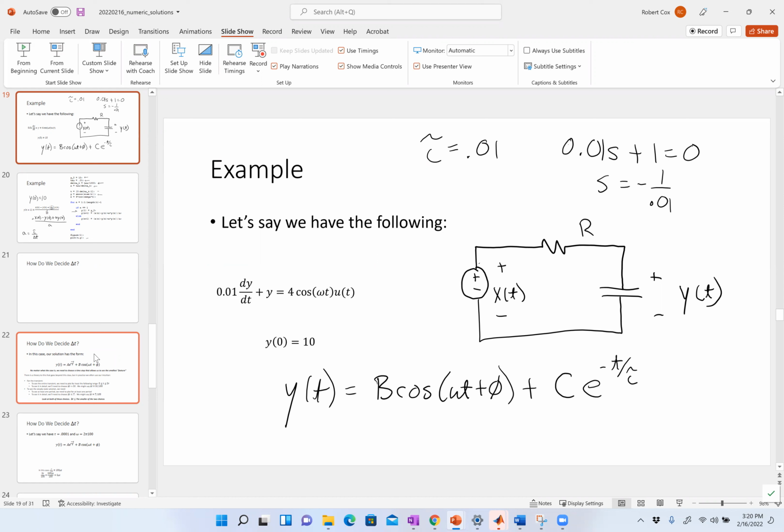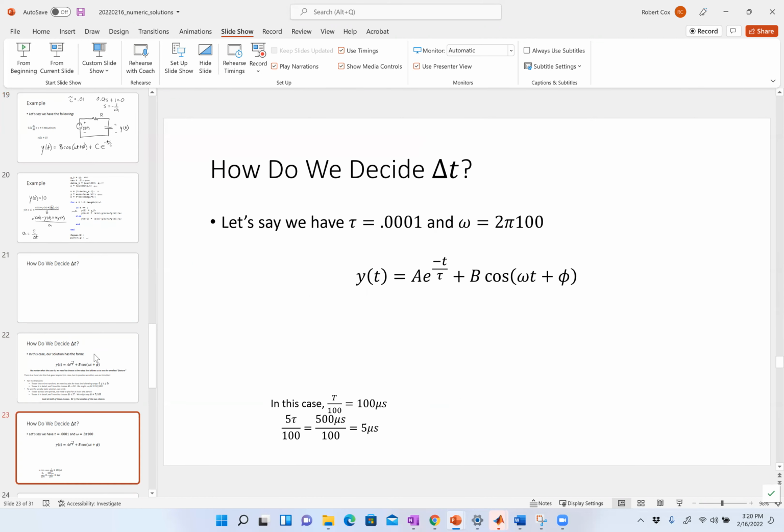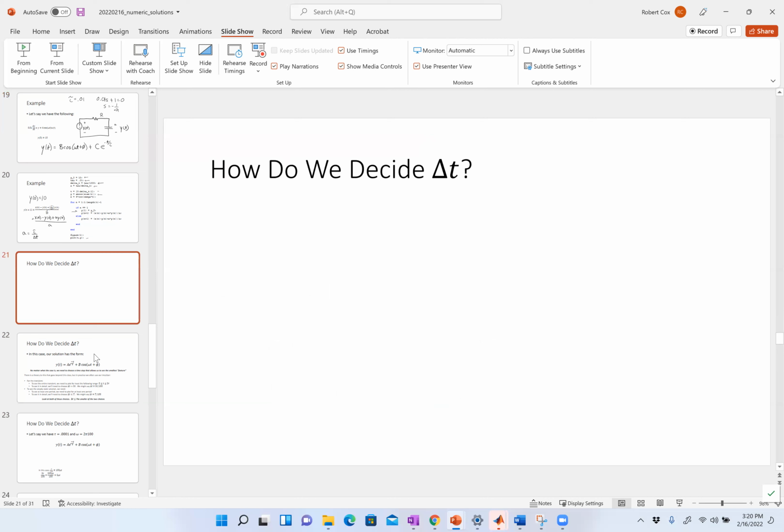The way I think about this is that there are two features. I have y of t equals c e to the negative t over tau plus b cosine omega t plus phi.